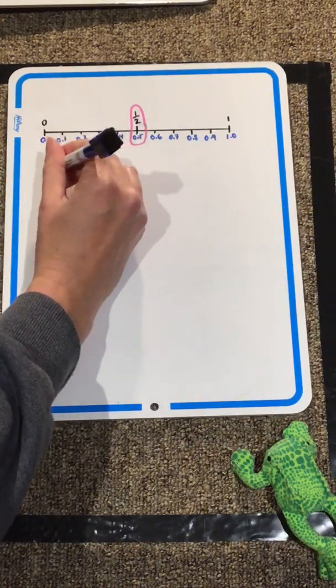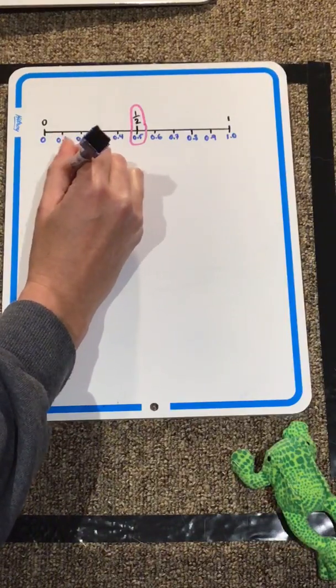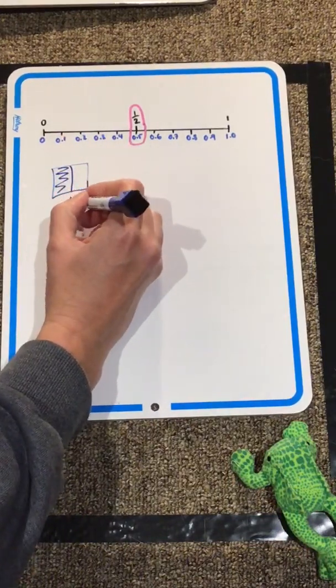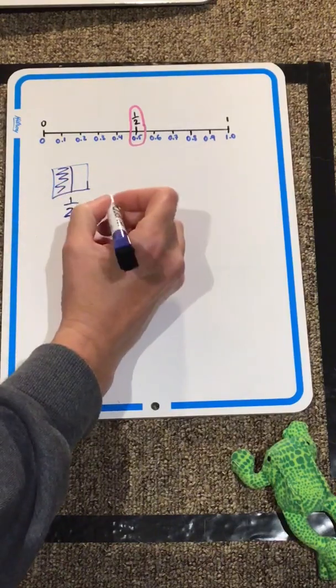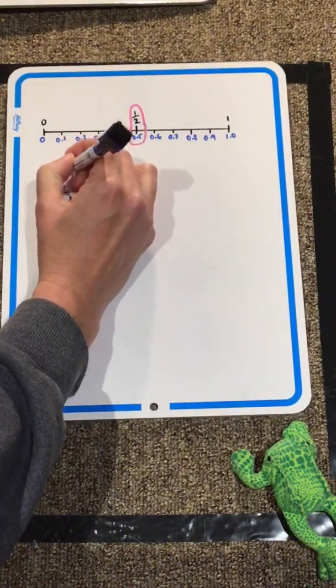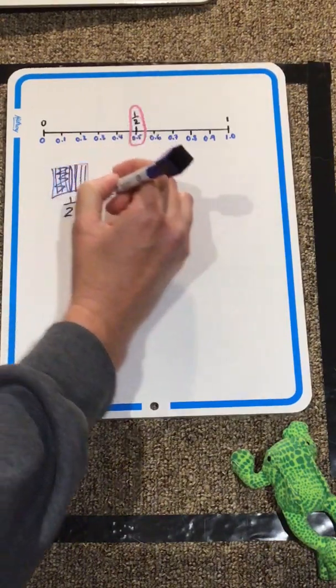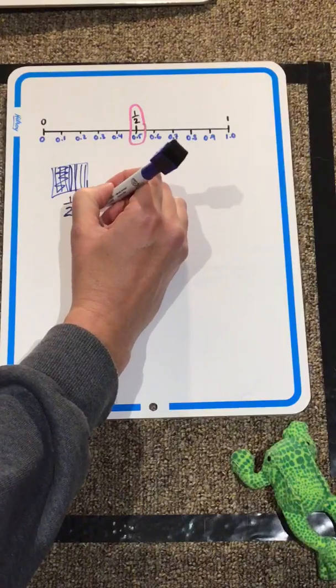So we knew that if we had half of our cake, right, we had 1/2, we knew that that would be the same thing as 5 out of the 10 strips.